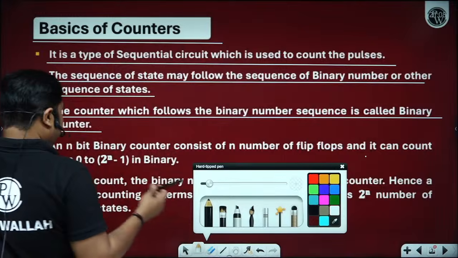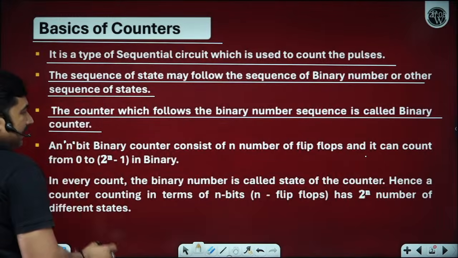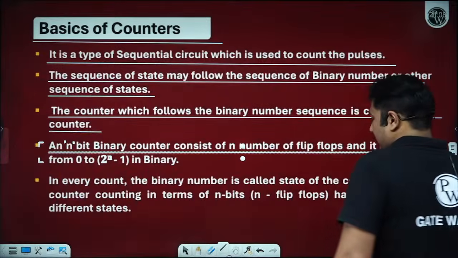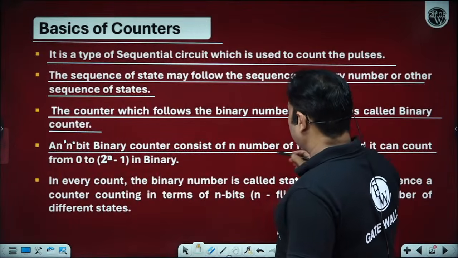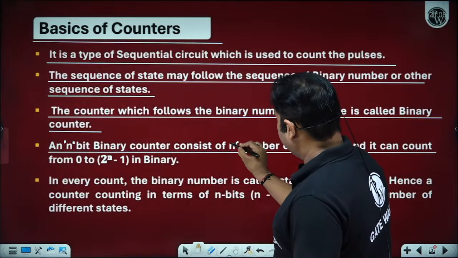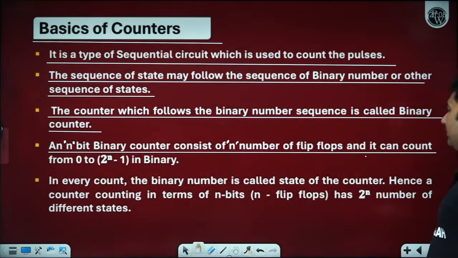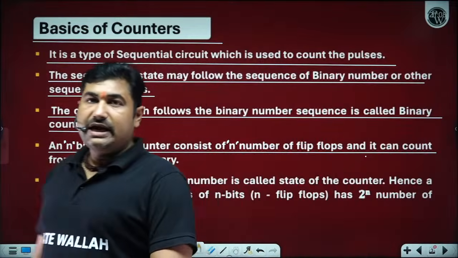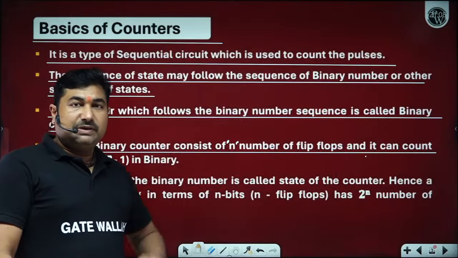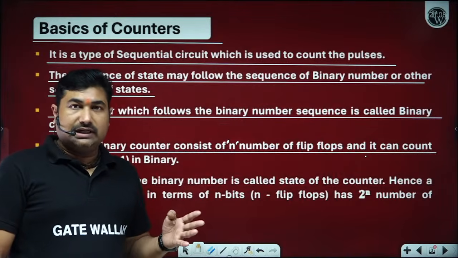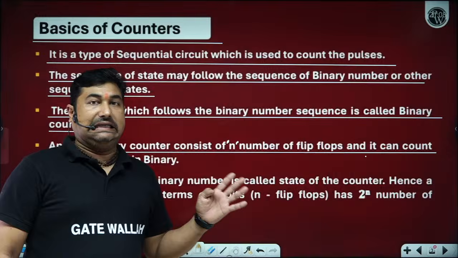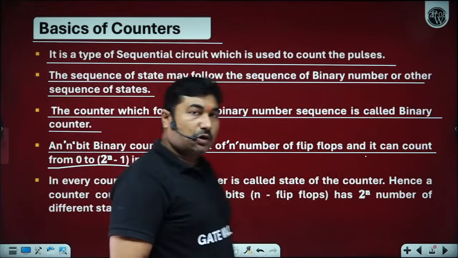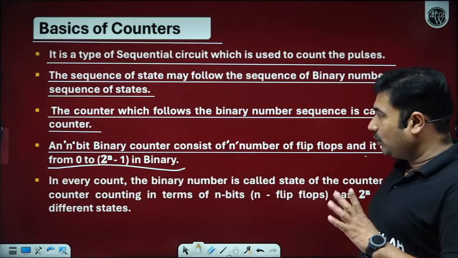Now please observe here. An n-bit binary counter consists of n number of flip-flops. It means if we have a 4-bit binary counter, then it contains 4 flip-flops, to count from 0 to 2 to the power n minus 1.